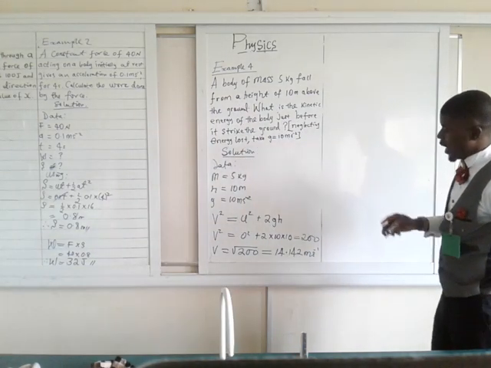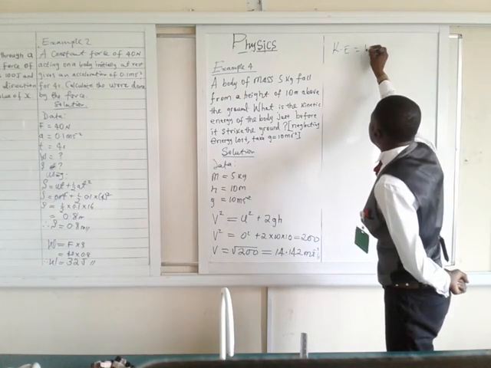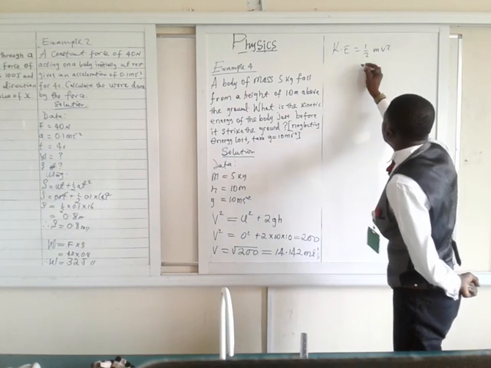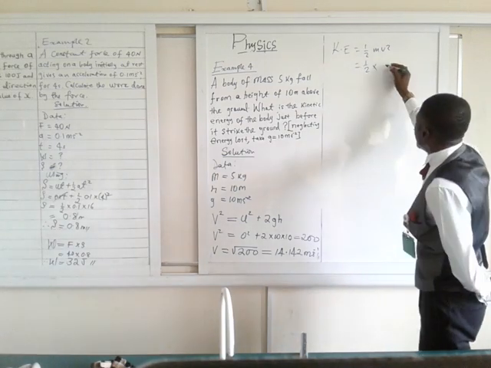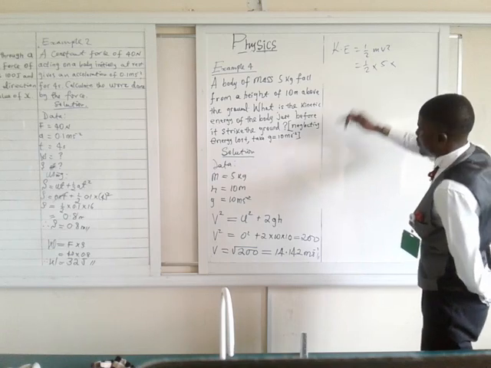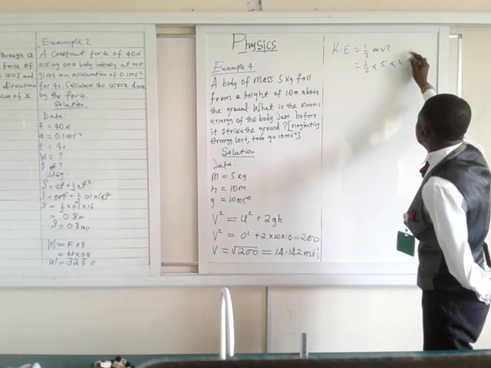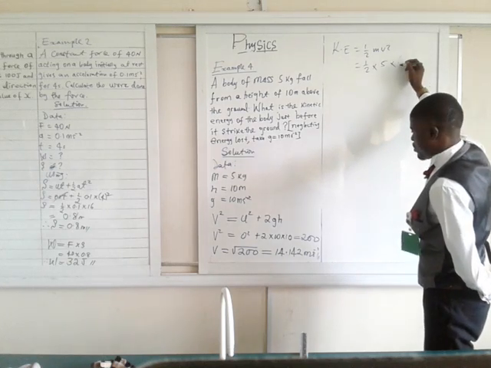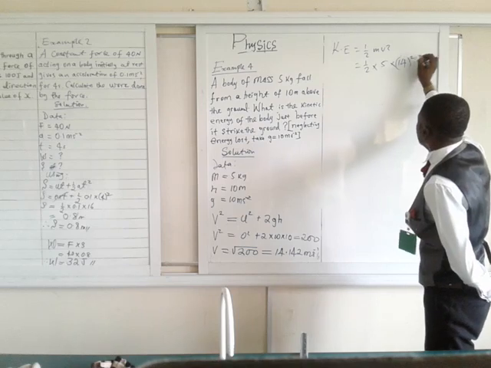But that is not all. We're asked to find the kinetic energy. So this is our velocity. So KE is equal to half mv squared. So you have half times 5 times 14 squared. Let's put it 14 squared.